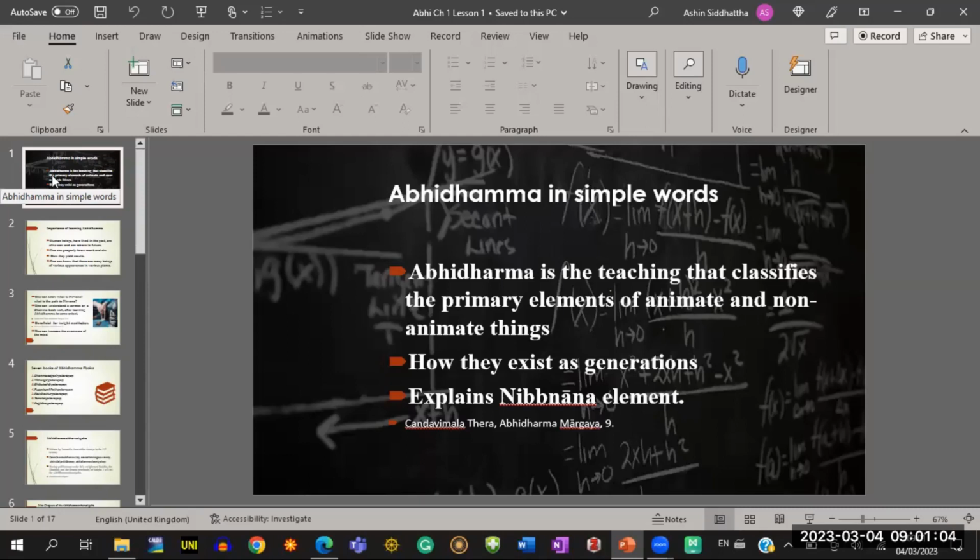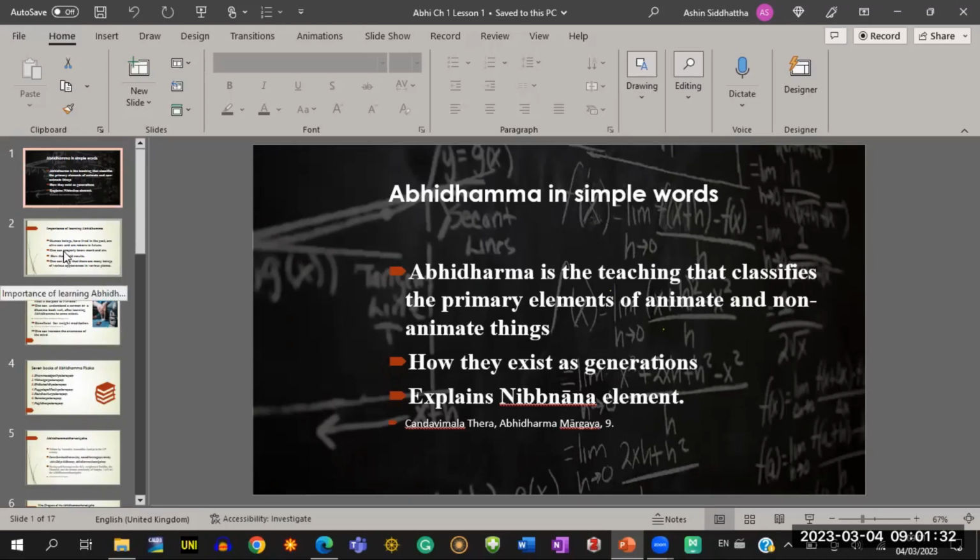Today, I want to give just an introduction for the Abhidhamma and to make a glance at Abhidhammattha-saṅgaha. I will brief it again. First, we will learn the meaning of Abhidhamma.